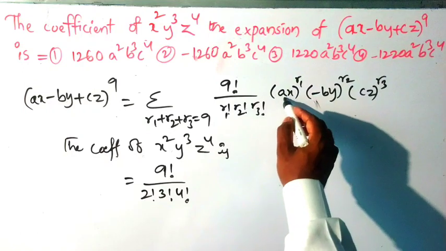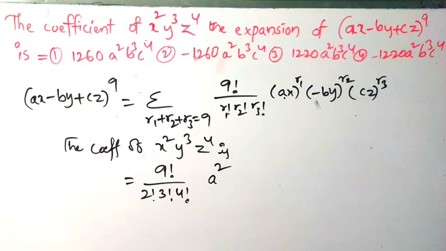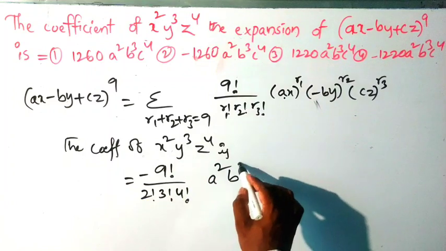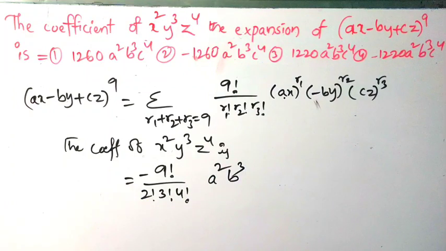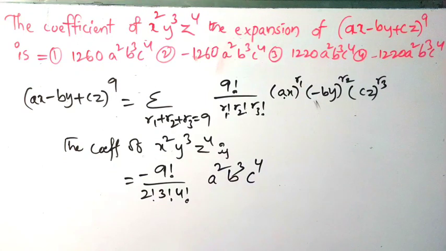So a power of 2 we get here. Minus by whole power of 3, that is nothing but minus b power of 3, that is minus b cube. Next cz power of 4, that is nothing but c power of 4 we get here. This is the coefficient of x square y cube z power of 4.